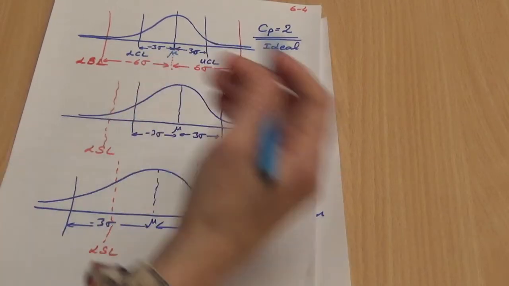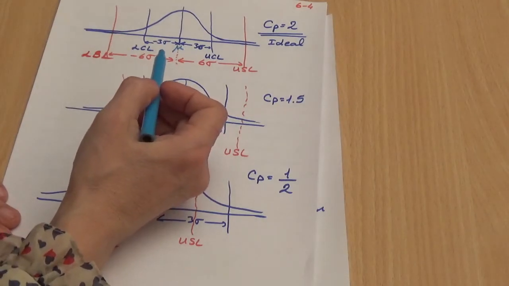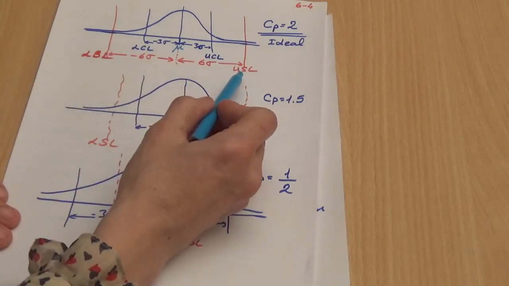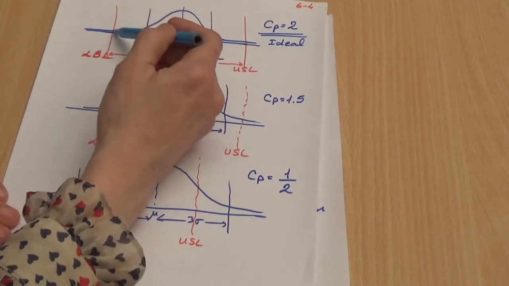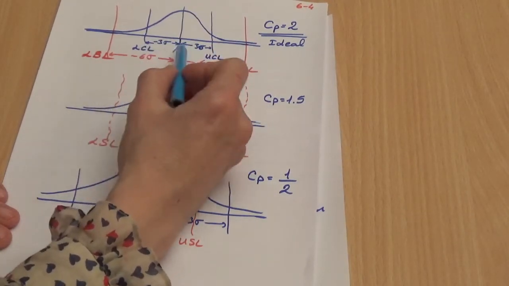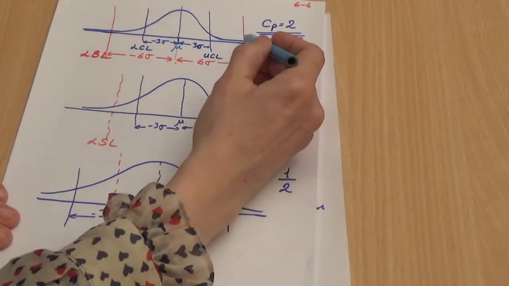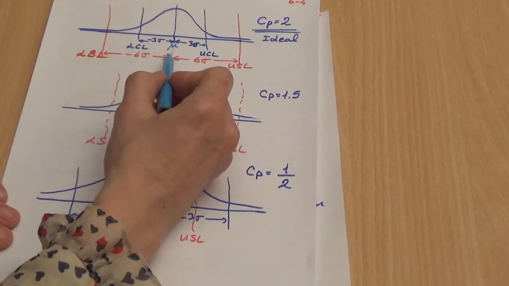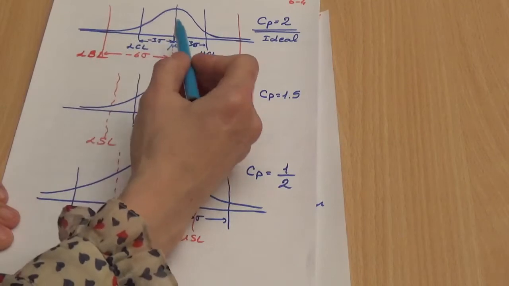This is apart from the upper and lower specification limits, because these are the limits that our customer wants. We may be producing wonderful products, mostly at the target, going just 3 sigma up and 3 sigma down, and their specification limits are so far away from the target that we sell all the products that we're producing.